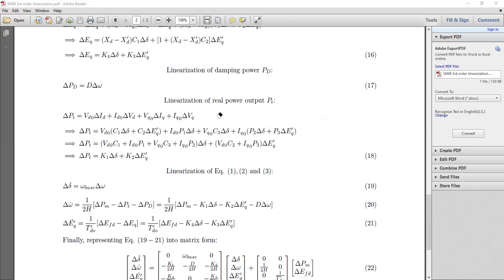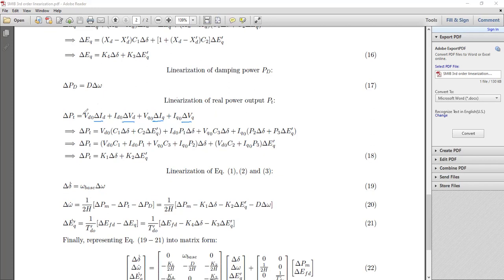And what we have to do, we have to simply replace these things. We have to replace del ID, del VD, del IQ, and del VQ. Remember, VD0, ID0, VQ0, IQ0, these are nothing but the variable values at the initial condition that we found already in our earlier classes. Okay.